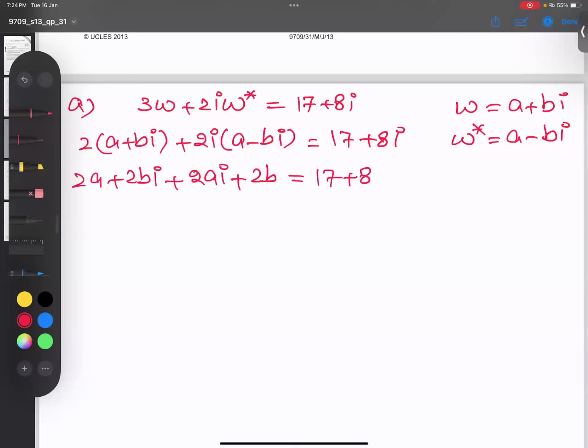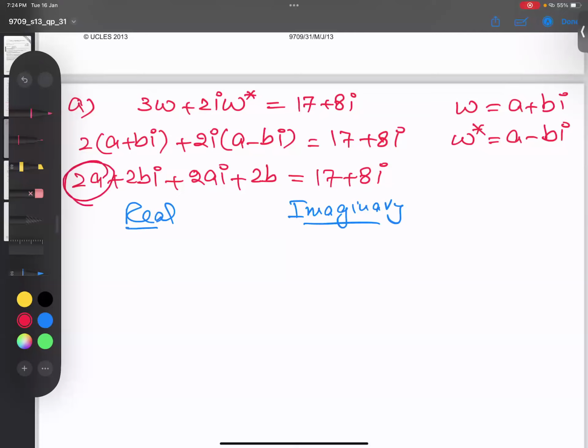= 17 + 8i. Now, the real part is what? I'm writing here the real part and here the imaginary part. You can write the shortcut Im also, no problem at all.